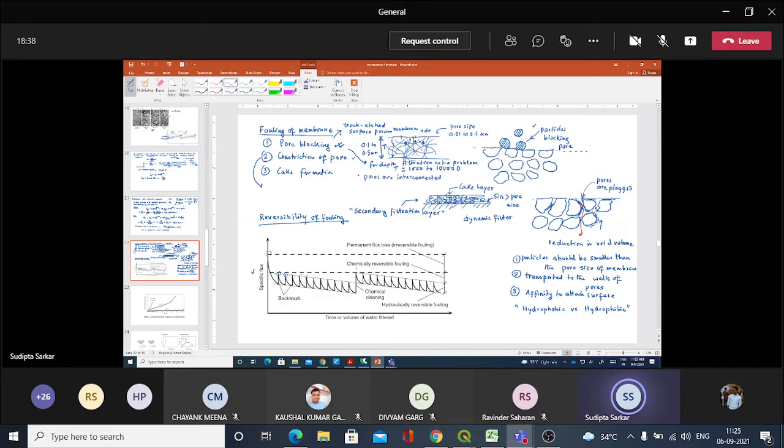At this point you need to have a chemical cleaning. So we have irreversible fouling and reversible fouling, and one part of this chemical fouling is reversible.